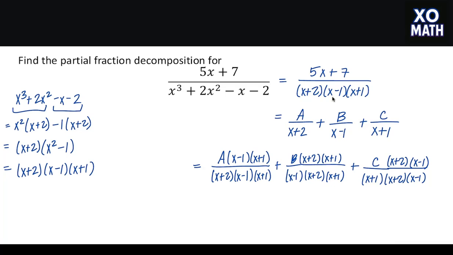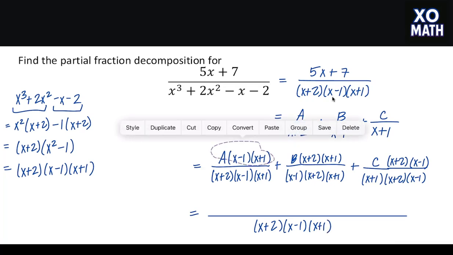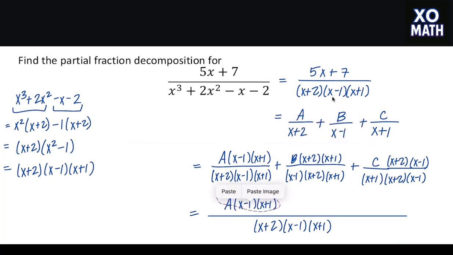Whew, okay, so now these form one big rational expression. So x plus 2, x minus 1, x plus 1 is on the bottom, and all of these pieces are added together on the top.